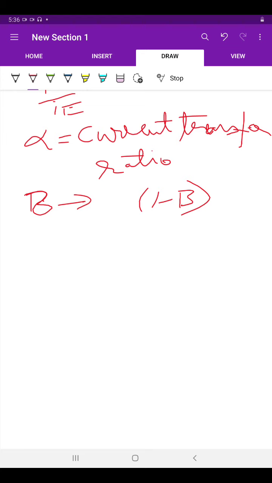So 1 minus b is the fraction of injected holes recombining, and b is the fraction of injected holes which do not recombine.